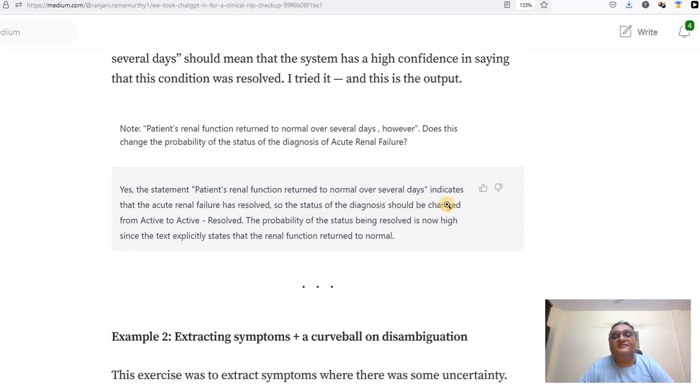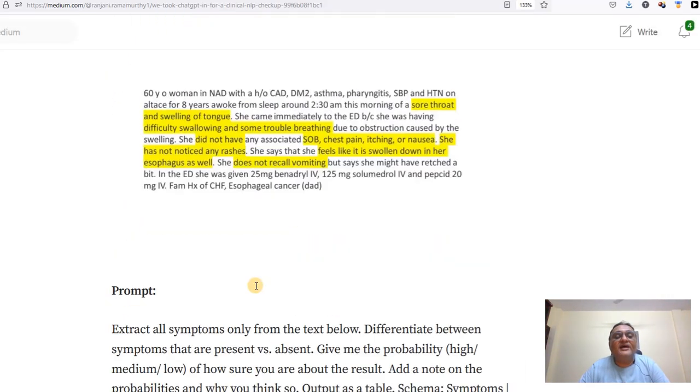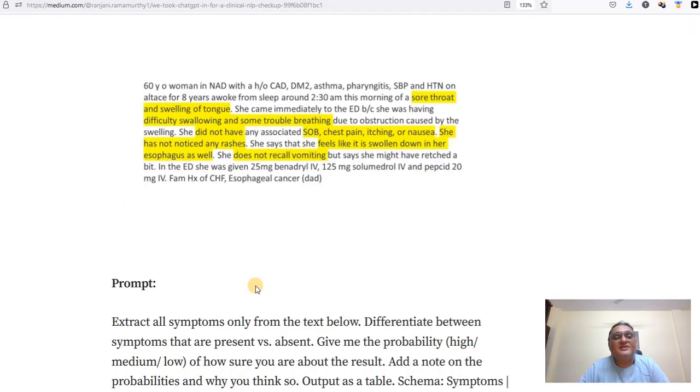So the status of the diagnosis should be changed from active to resolved, and the probability of the status being resolved is now high. So the probability should be changed and the status also should be changed.